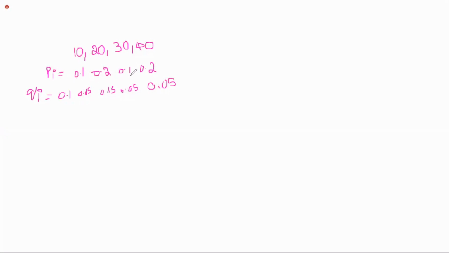Plus 0.1, 0.4. Plus 0.2, 0.6. Plus 0.1, 0.7. Plus 0.05 means 0.75. Plus 0.15 means 0.9. And 0.95 if you add this one.